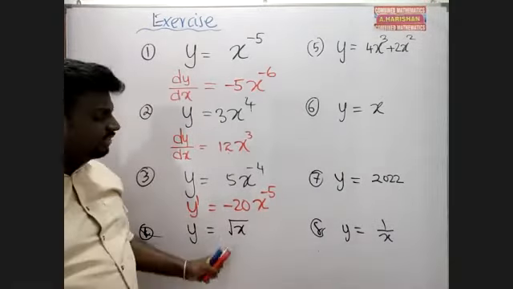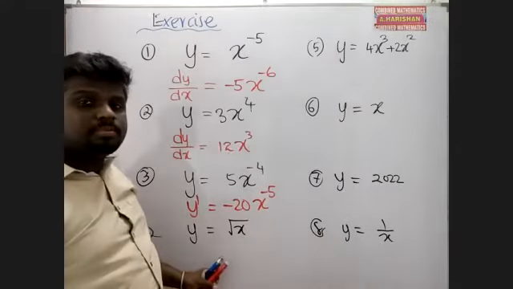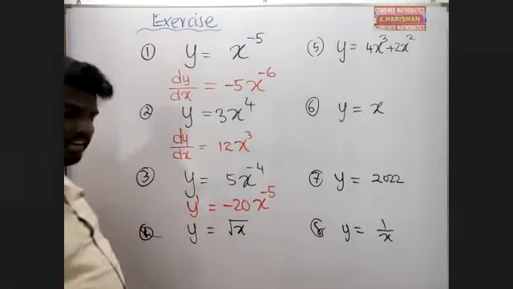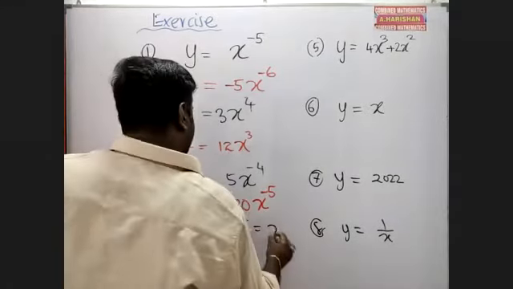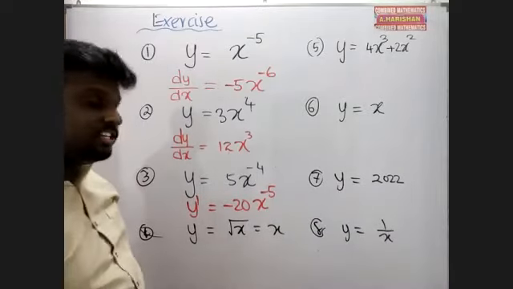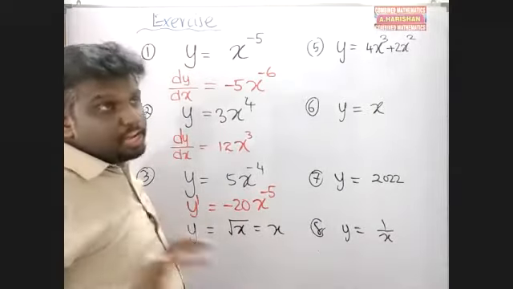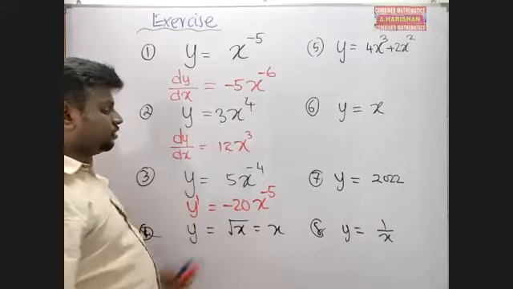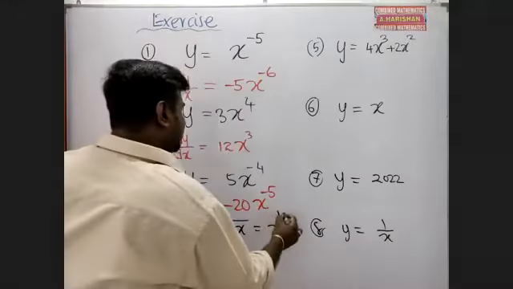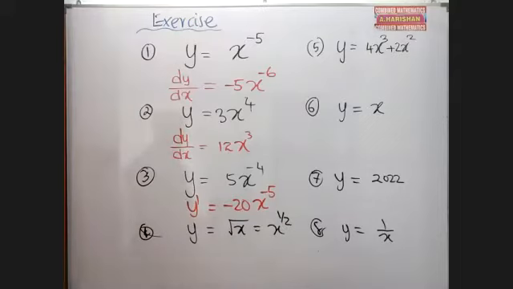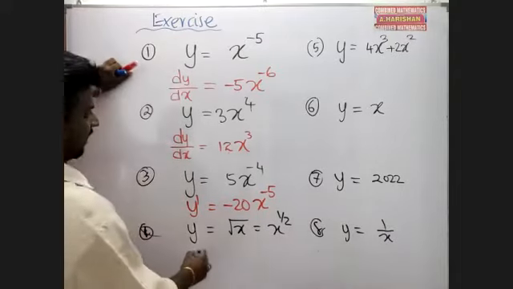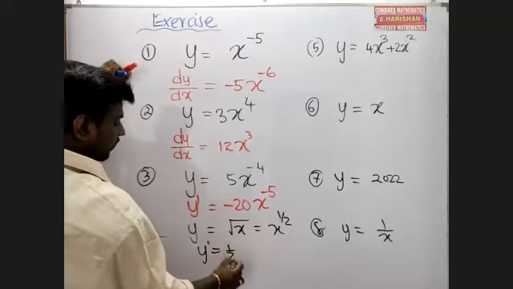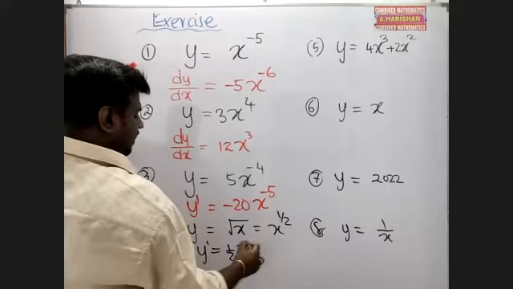Now this one means x to the power half. Before I go to the differentiation, I always have to make sure that I'm having a power, any kind of power. This is a square root, so I can put x to the power half. Now I can differentiate. I put y prime: half down and x to the power, if you subtract 1, minus half.